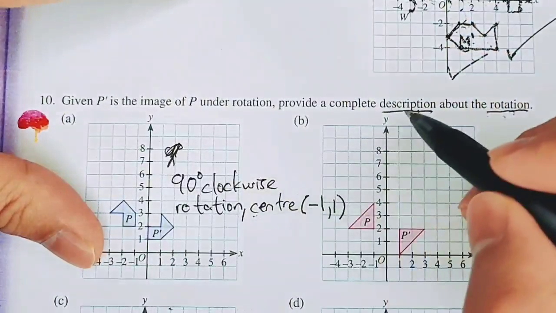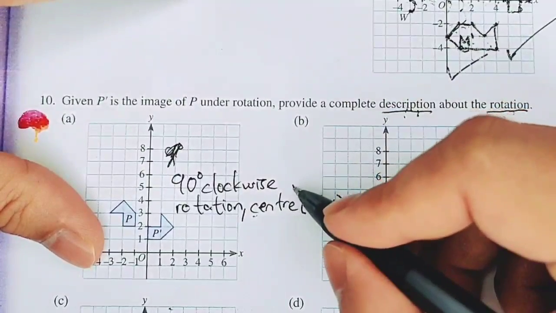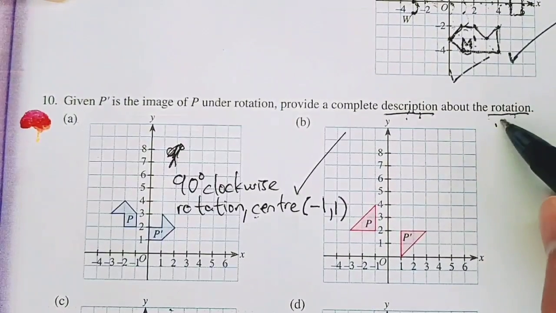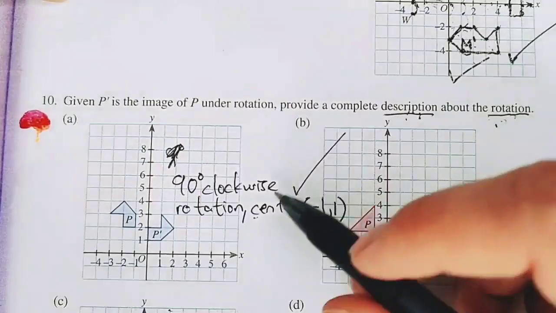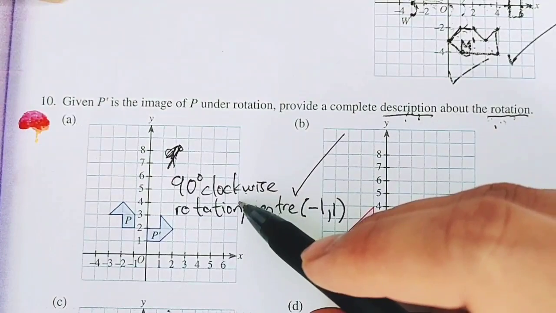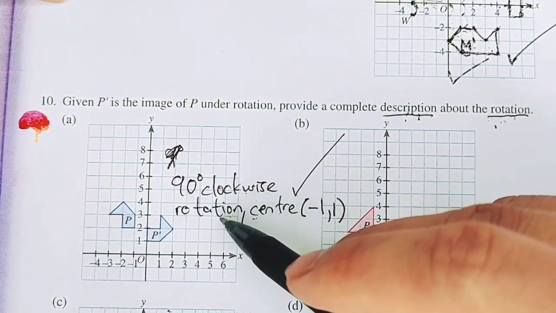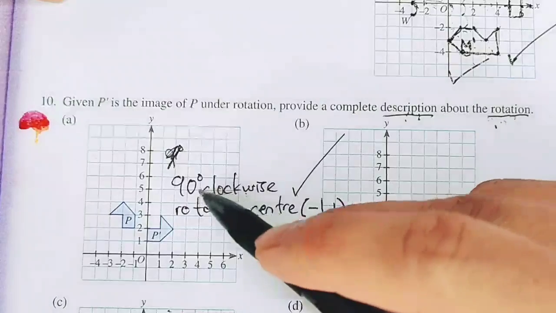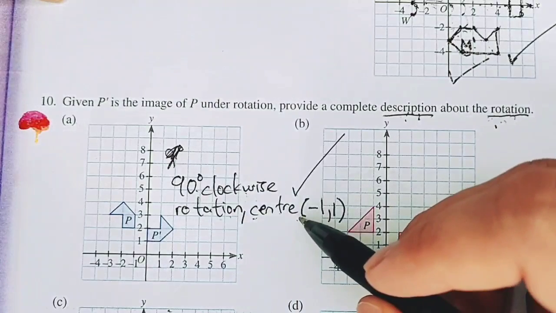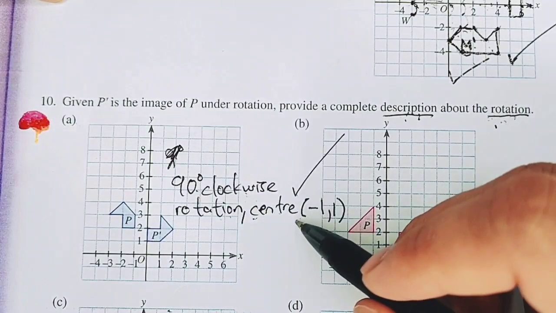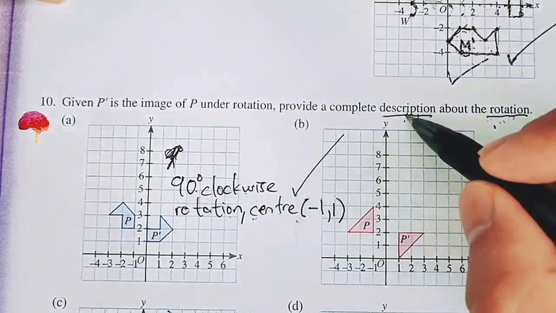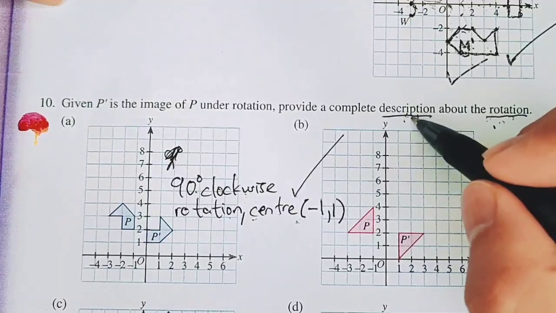So here is the description, and you will get full marks for this. To describe the rotation, we need to know whether the rotation is clockwise or anti-clockwise, how many degrees, and at what center, giving the coordinate of the center. That is what the description is.